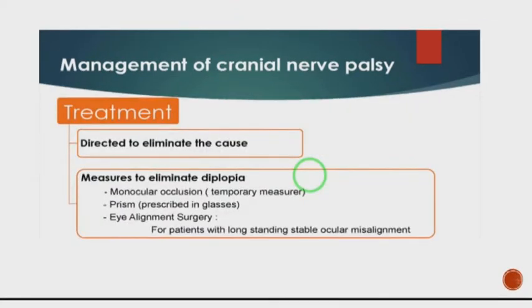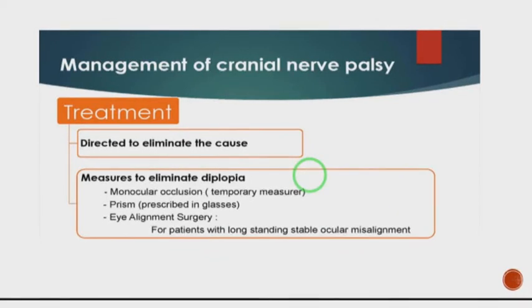But what about his eye? What are we going to do? First of all, we have to treat the cause of the nerve palsy. And then we will use temporary measures until a period of 6 to 9 months passes. We give the nerve a period of 6 to 9 months to allow for regeneration.